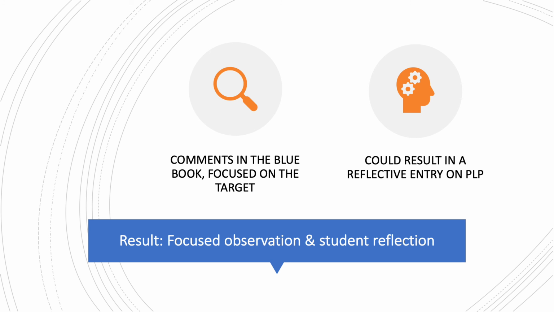It might be in the blue book, so you're really trying to refrain from commenting on anything peripheral there. You're just focusing on that particular aspect that they're working on so that they can get some really precise feedback on that area. And then, of course, that could lead on to a reflective entry on one of our reflective models on PLP based on that whole cycle.